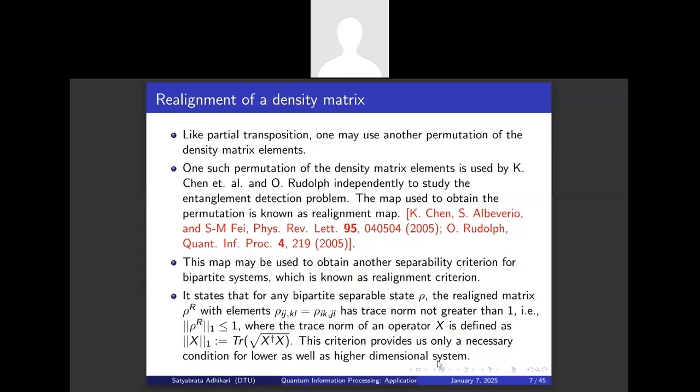If you consider the contrapositive statement, then you can say that if the trace norm of rho^R is greater than 1, then we can say that this state is entangled. So this is the realignment criterion. I will come back to this point later.